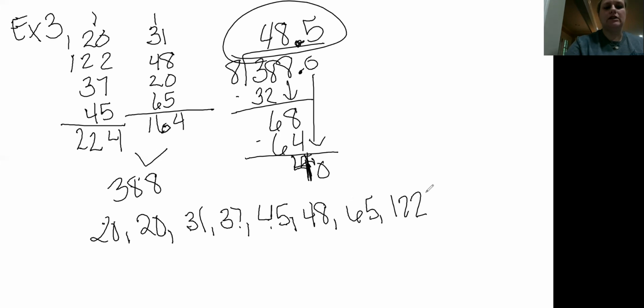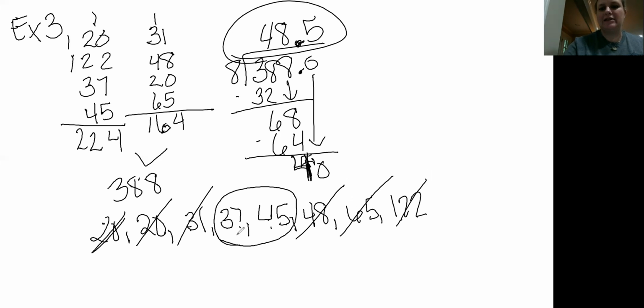Okay, now let's work our way in. Low and high, low and high, low and high. This gives us 2 numbers in the middle, so we'll add and divide by 2. 37 plus 45.